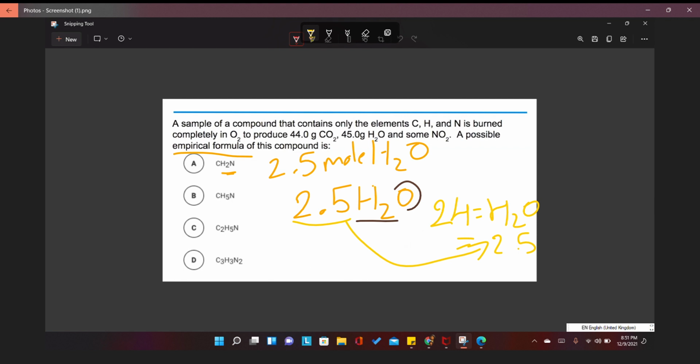There are 2 H in every H2O, no matter what. So if there are 2.5 over here, you'll simply multiply 2.5 by 2, which will give you 5 H. Now, you have 5 H and 1 C. I wrote that down real quick in case I forget.